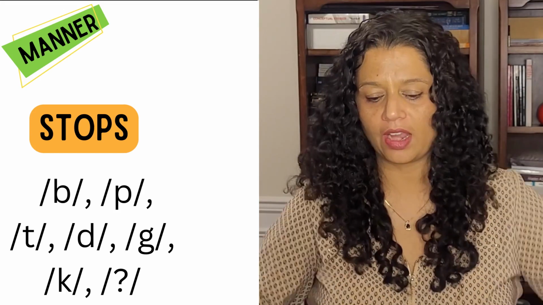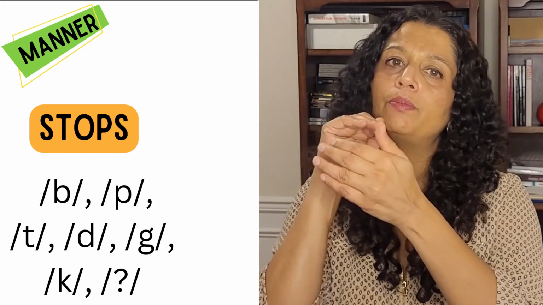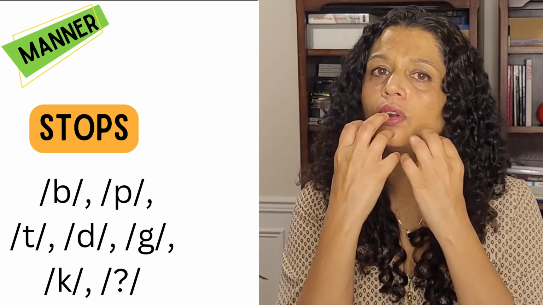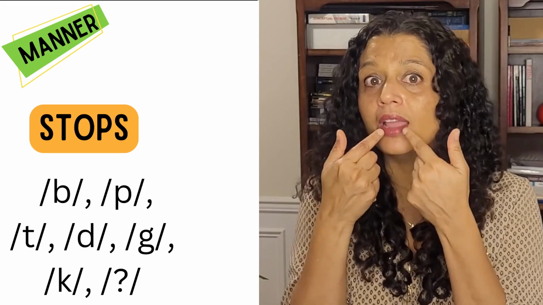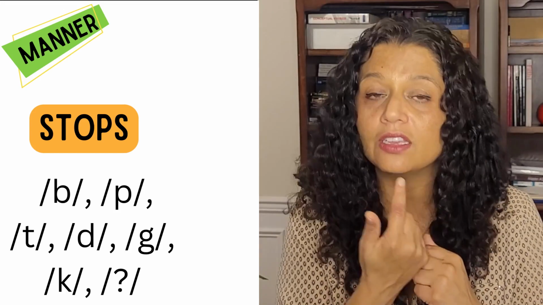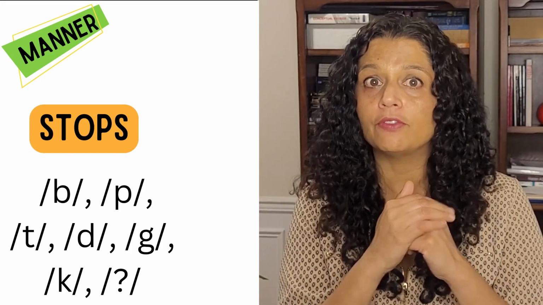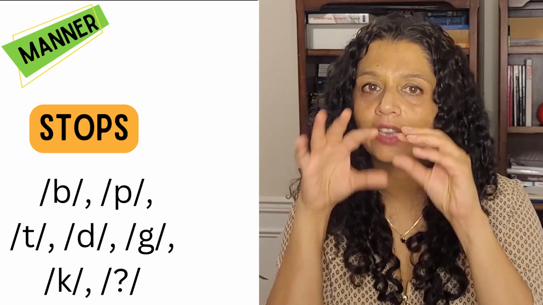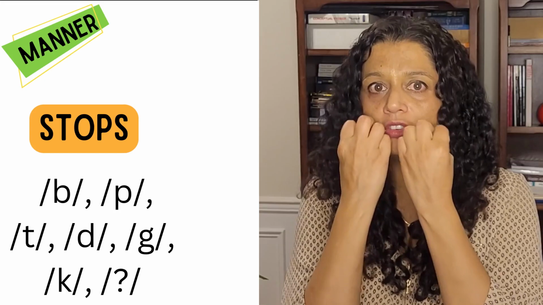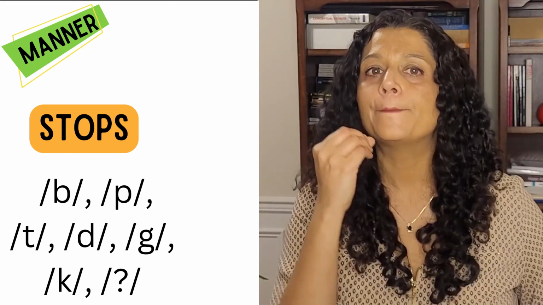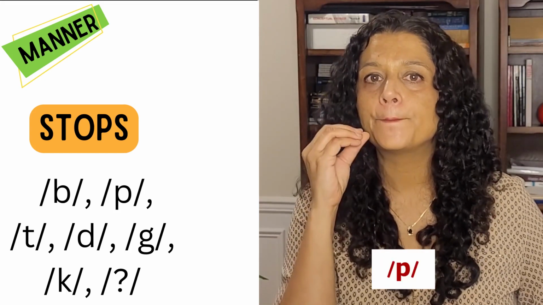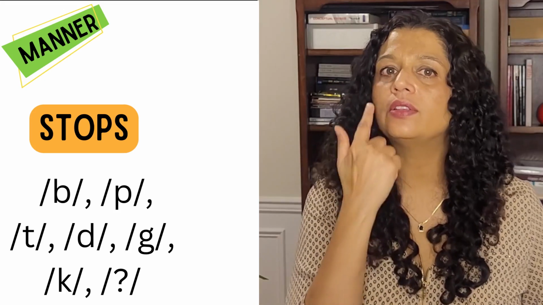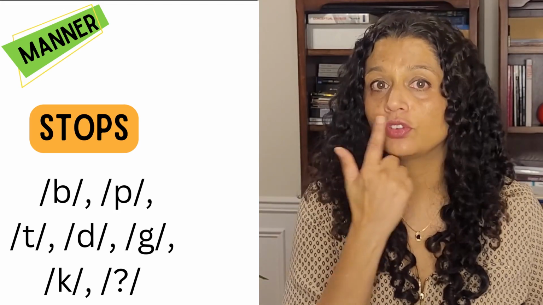Air is coming up through your lungs, and you're letting pressure build up in your mouth, right behind your lips, because that is the place of constriction for a b sound. And then you let it out. There's a little explosion. So there's tension build up and a little explosion: b. The tension is built right behind your lips.